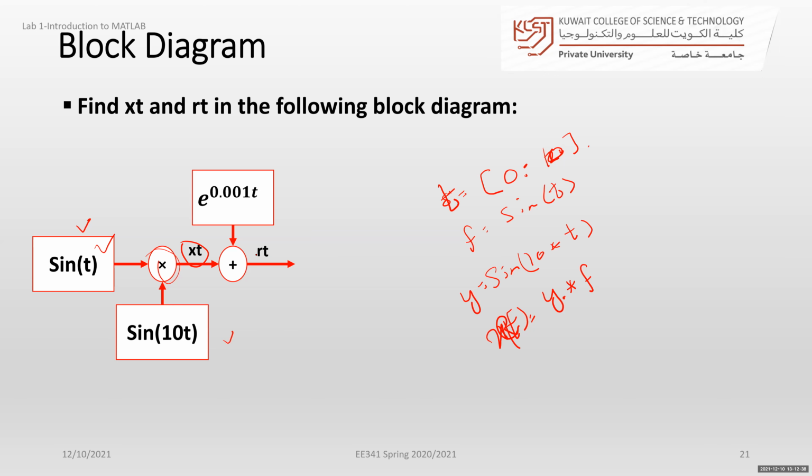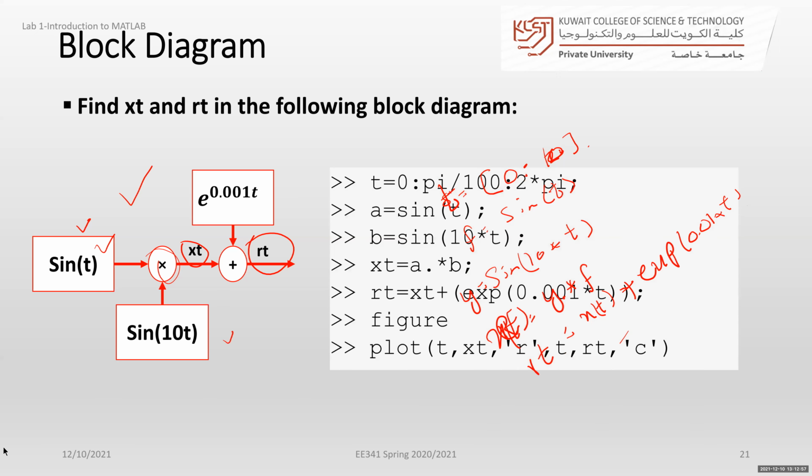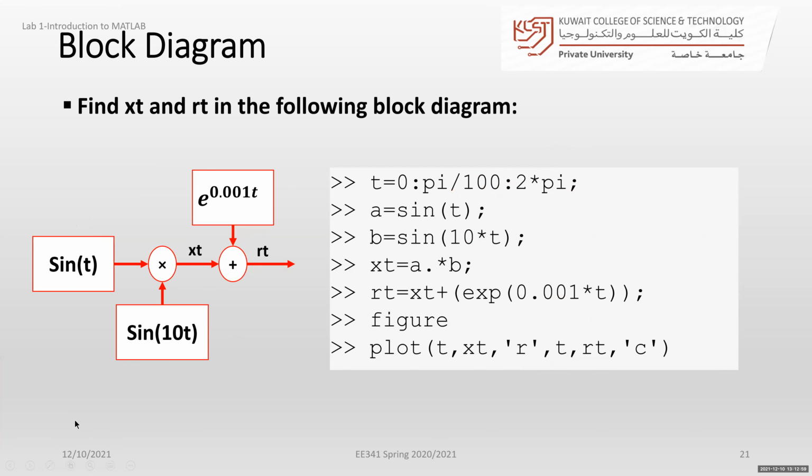So now r of t is equal to x of t plus e raised to the power, the exponential of 0.01 into t. So this is my writing of this block diagram. You can see here that first I define my scale.